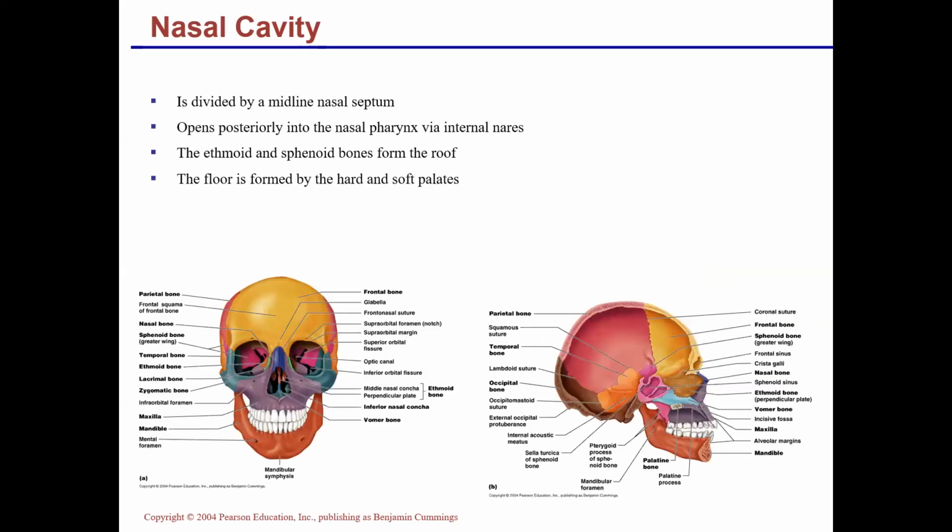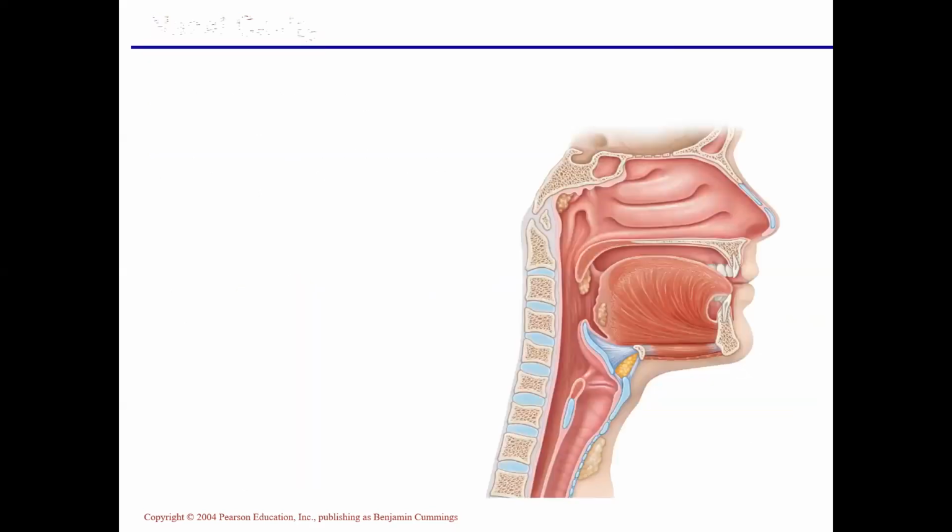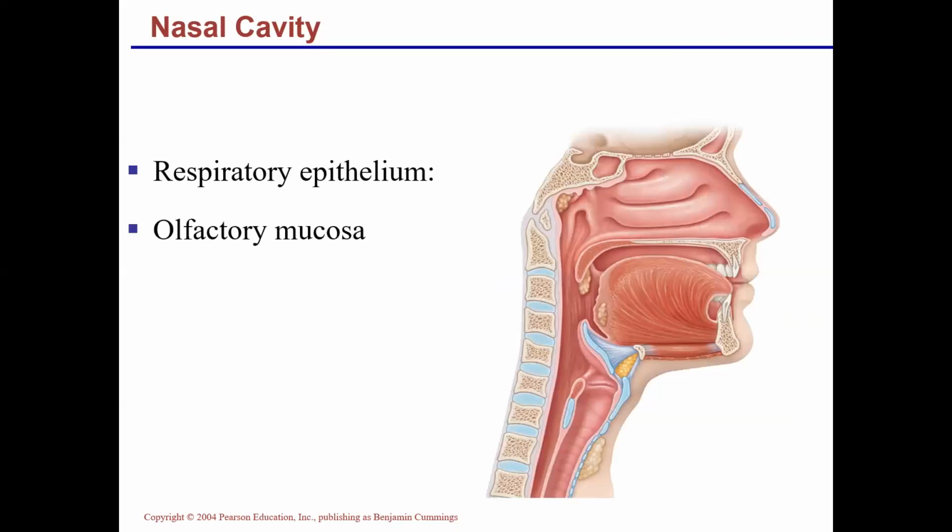This slide is a review slide from your 430 and gives you the bony structures involved in forming the nasal cavity. In terms of the epithelial lining, there are two types of lining.